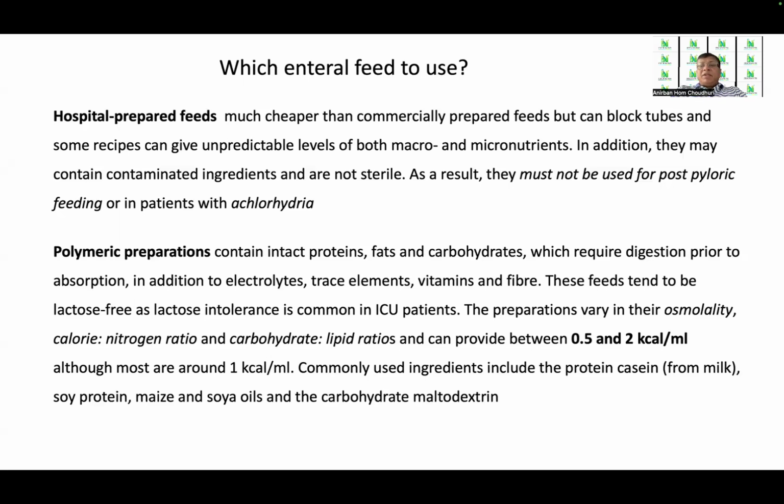So polymeric preparations offer certain advantages which are not possessed by the hospital prepared feeds, although hospital prepared feeds are much cheaper. The commonly used polymeric preparations include casein protein from milk, soy protein, maize and soya oils, and the carbohydrate maltodextrin.